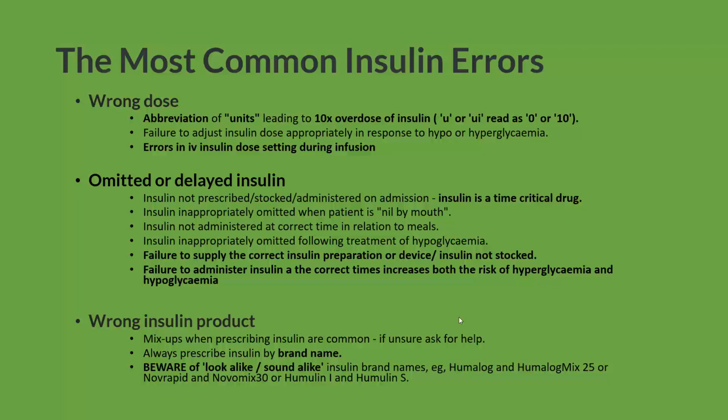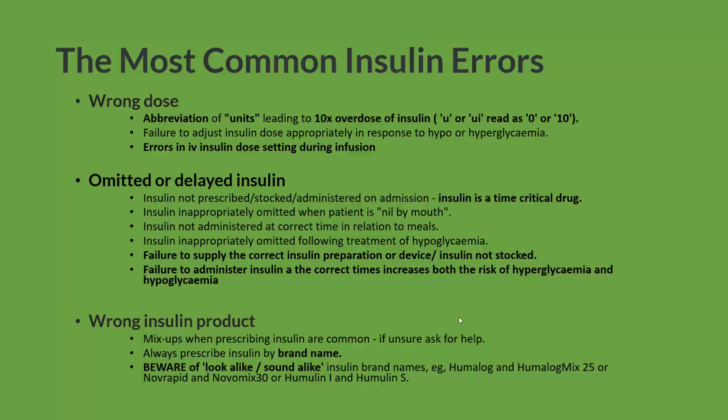And then wrong insulin products. When it comes to insulin products, you must be very careful. We always prescribe insulin by brand names, not generics. For all other medications we advise prescribing in generics, but for insulin we advise prescribing by brand, because insulin is brand specific.